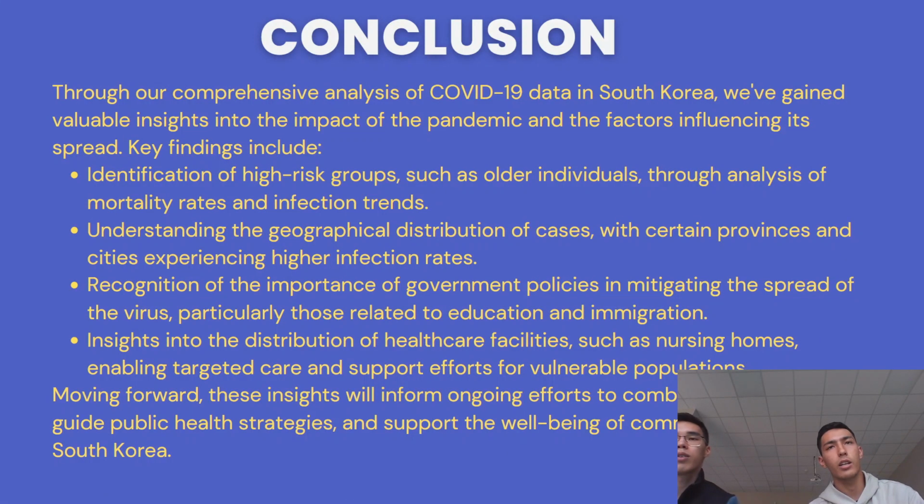Here is the conclusion, what we got from this project. Our analysis gave us some insights. First is the identification of high risk groups. Elder people were deceased more, so we have to protect them, and also think about the nursing homes.